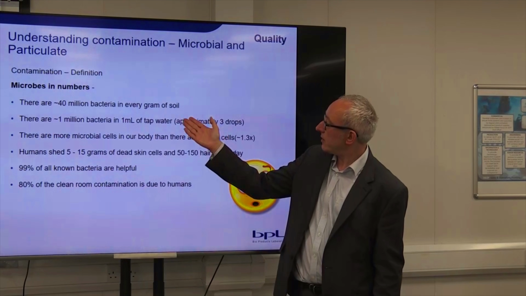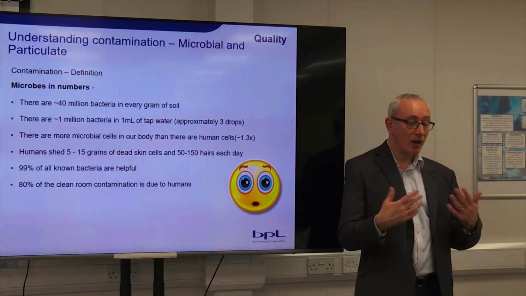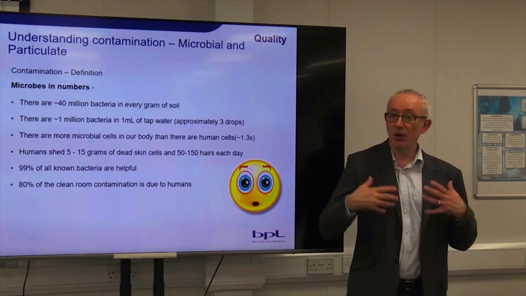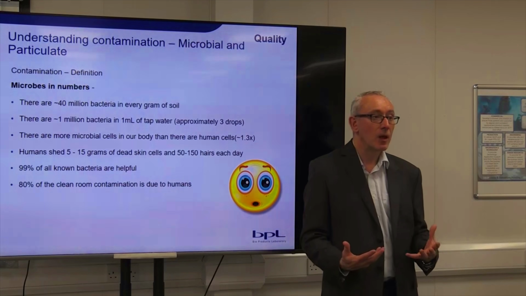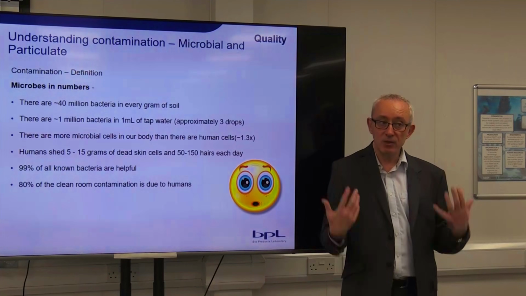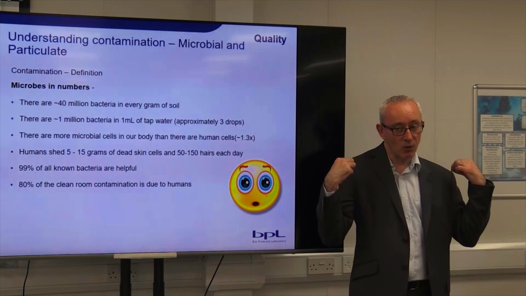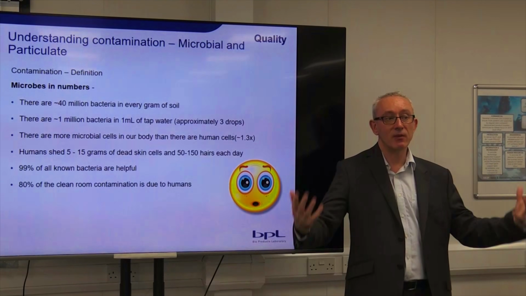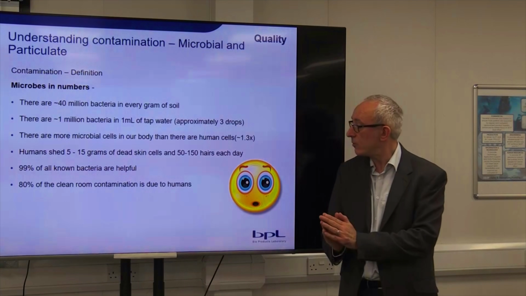In terms of the number of microorganisms we could pick up from different parts of our body, this is why hand sanitisation is important, wearing clean room suits is important. And the clean room suit should be thought of as a kind of filter. What the clean room suit is doing is keeping these organisms in and stopping us excessively shedding these into the environment. So we're all about keeping those levels down.